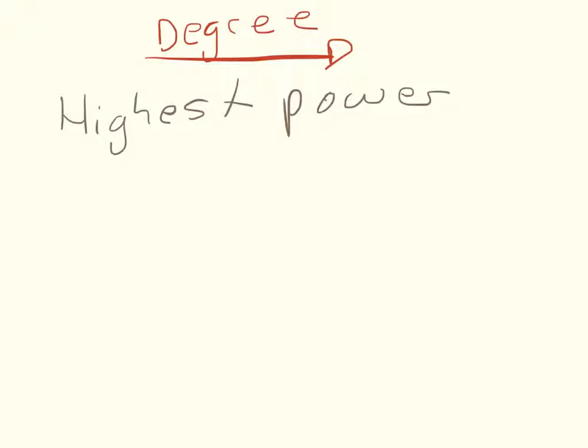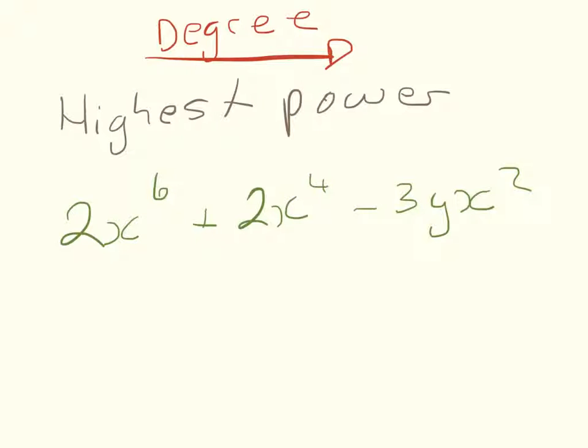So if I have something like 2x to the 6 plus 2x to the 4 minus 3yx squared, well, what would be the degree of this polynomial? It would be, well, this is x to the 6, x to the 4, and x squared, making this, my degree, a 6th degree polynomial.